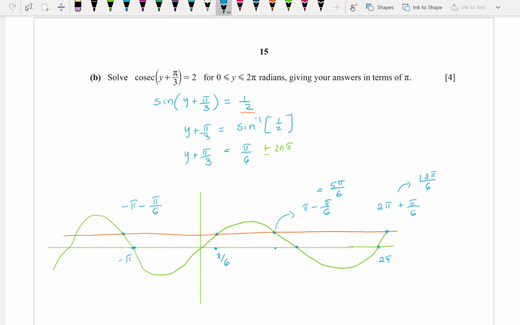This is going to be minus 7 pi by 6, correct? Yes. Okay, I am not very sure whether we want it, but we may come back to that in a minute. So possible values that I have got here are minus 7 pi by 6, pi by 6, 5 pi by 6, 13 pi by 6.